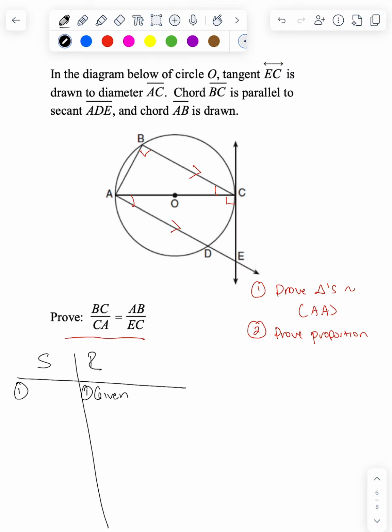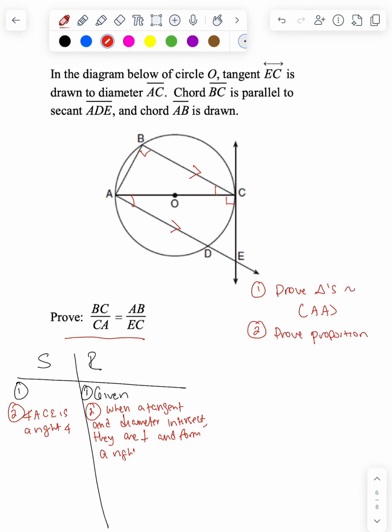Okay, I'm going to start with the right angles. So I'm going to write down first that angle ACE is a right angle when a tangent and diameter intersect. They are perpendicular and form a right angle. I'm going to do the other right angle next, angle ABC.